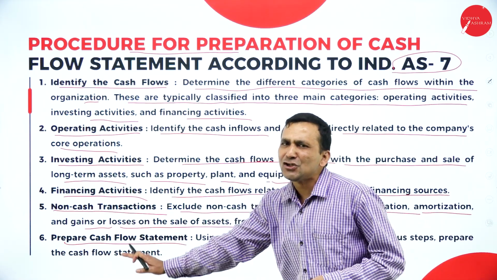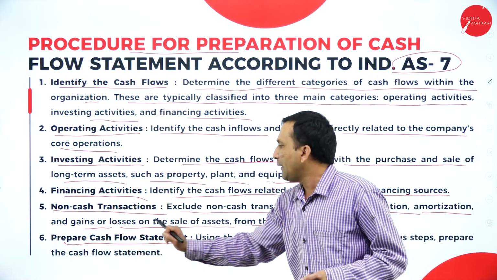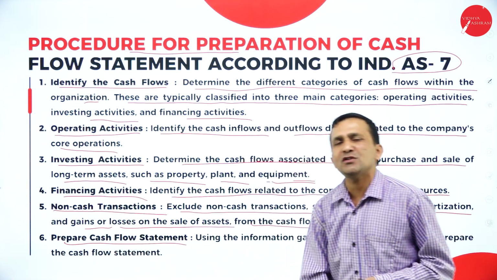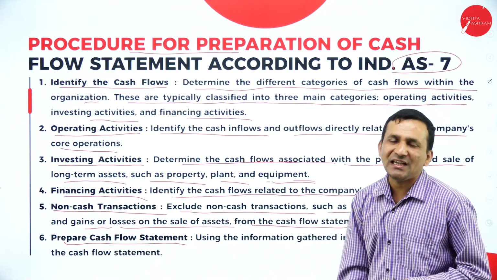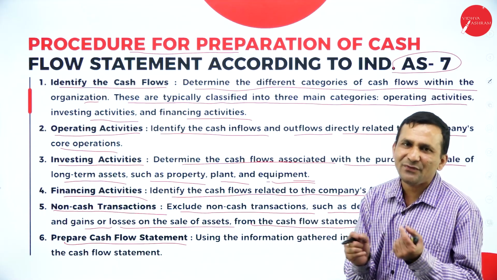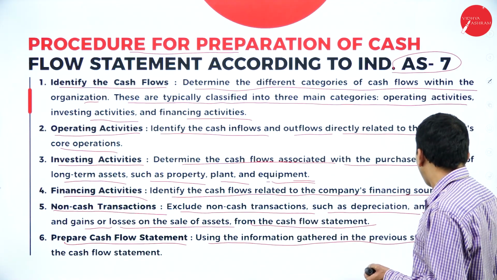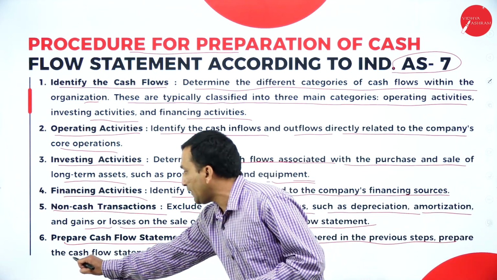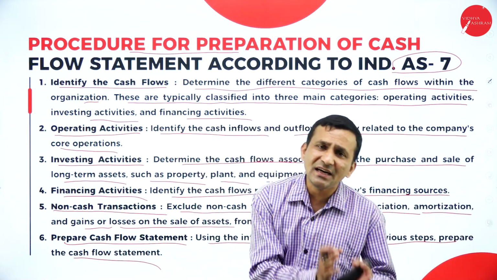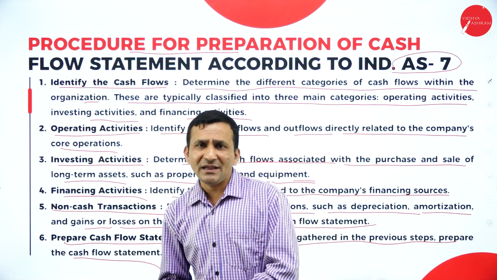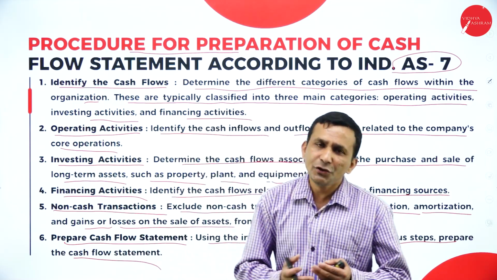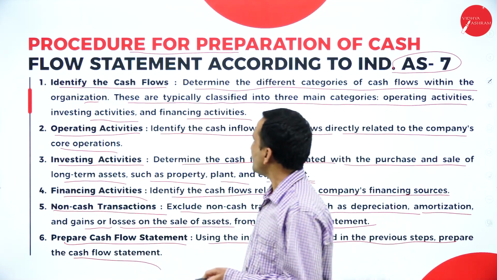Okay, and the next one, prepare cash flow statement. After analyzing all these things, okay, we are trying to prepare the cash flow statement using the major three categories: operating, investment, financial. Using the information gathered in the previous step, prepare the financial statement, either direct method or indirect method. In the coming section, you will get more clarity.